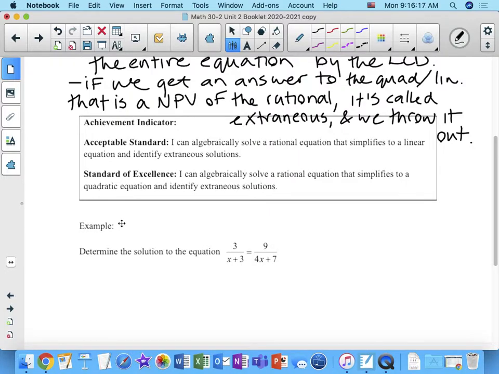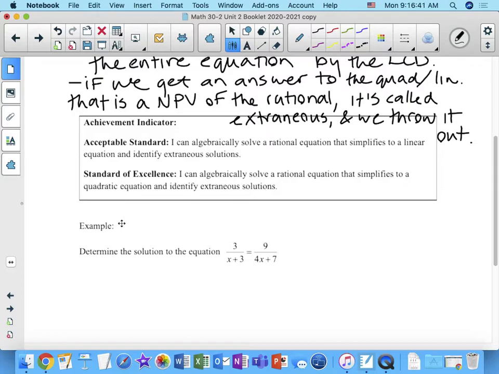Okay. Determine the solution to the equation 3 over x plus 3 equals 9 over 4x plus 7. Okay, well, the first few steps to solving rational equations are the same as what we would do with anything else involving rational expressions.